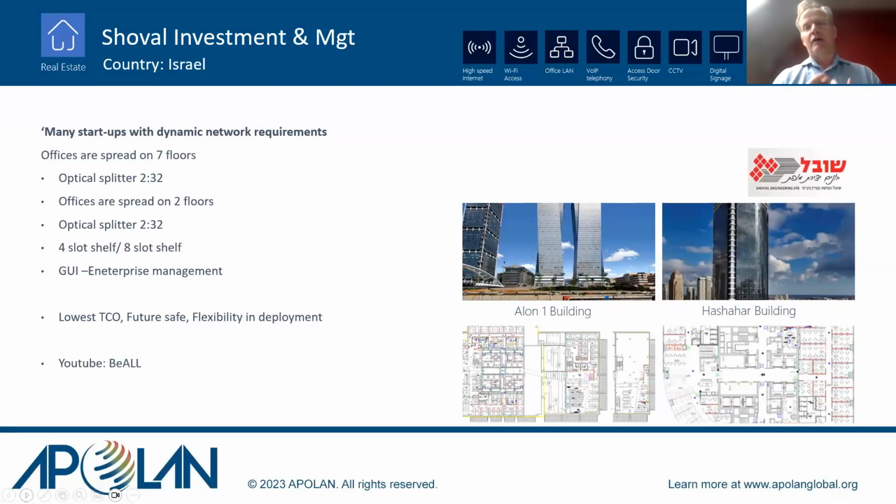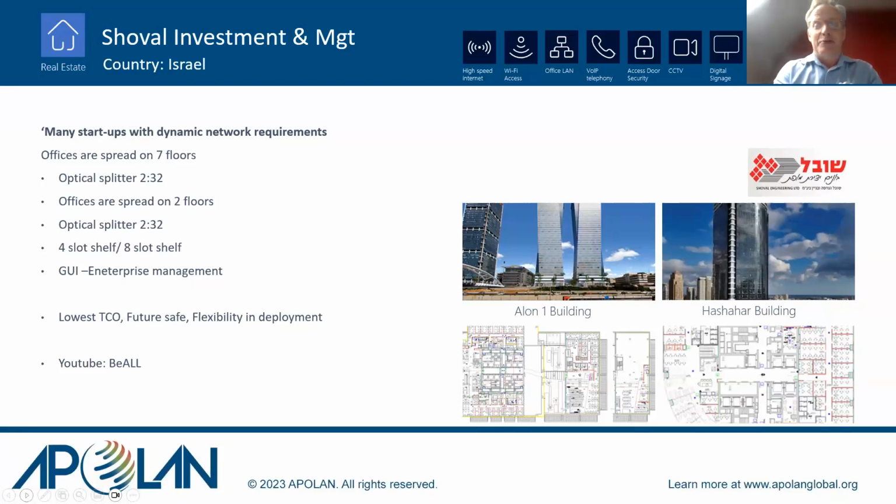Particularly appealing to this customer was the flexibility in deployment. The deployment while the building is set, the network design, because it's a tree structure of an optical LAN, is much simpler. So that is appealing, but also the flexibility once the installation is fully done. These buildings are used to house startups.